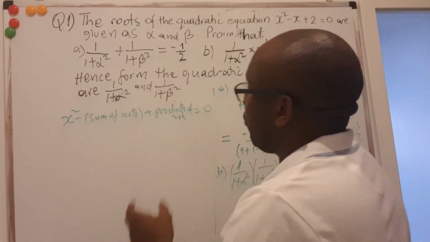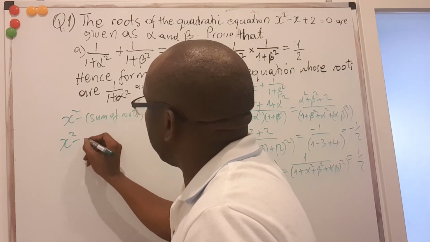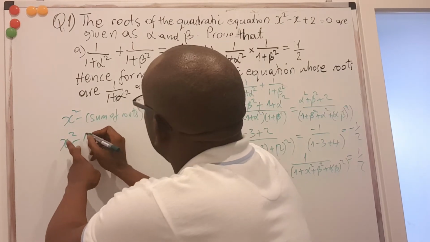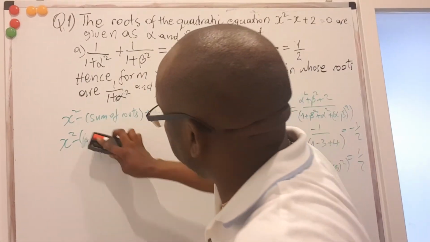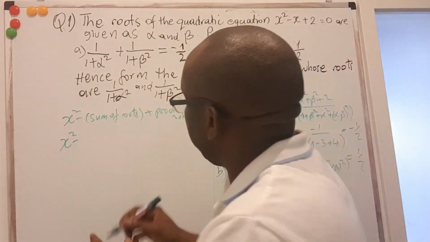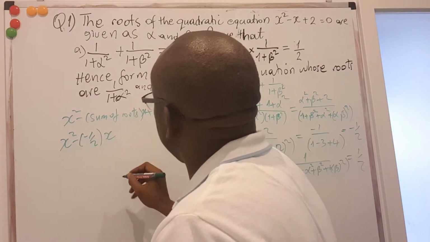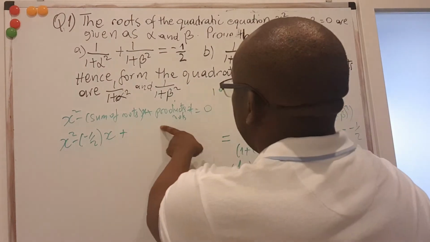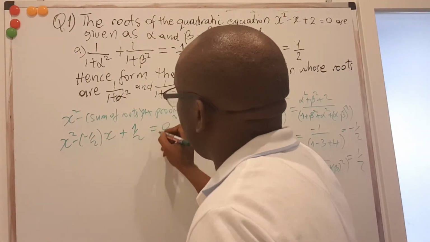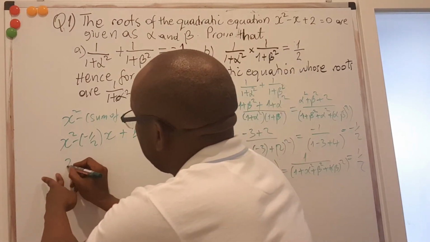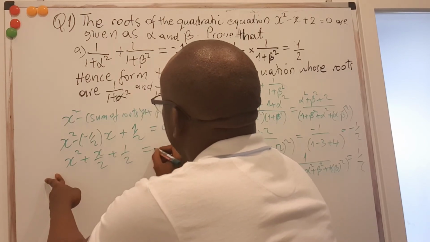The sum of these two roots, this plus that, is this, and that's minus half. So we get minus minus half x, plus the product of roots. The product of roots is this one, that is half, and that's equal to 0. So this is x squared plus x on 2 plus half equal to 0.